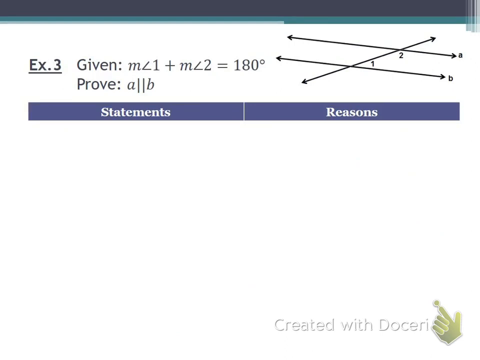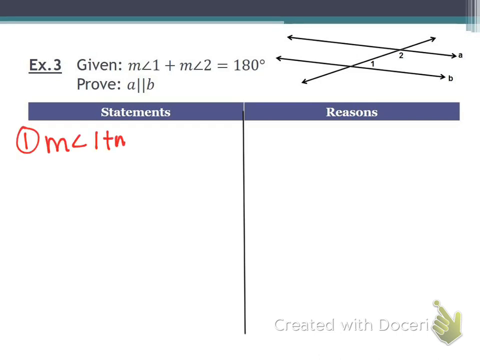Our favorite thing about geometry has returned. All right, given that the measure of angle 1 plus the measure of angle 2 is equal to 180 degrees, we need to prove that A is parallel to B. What should I start off with? The given.